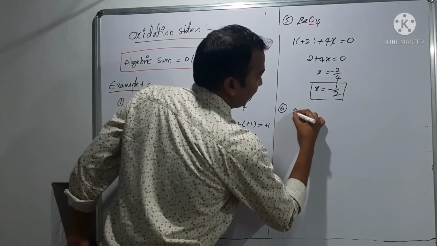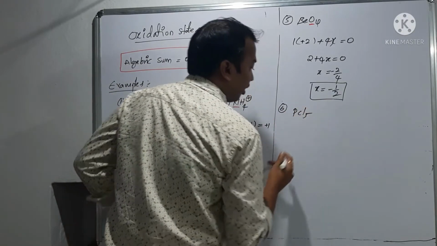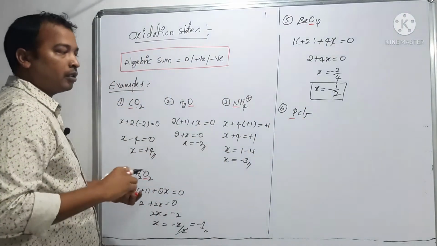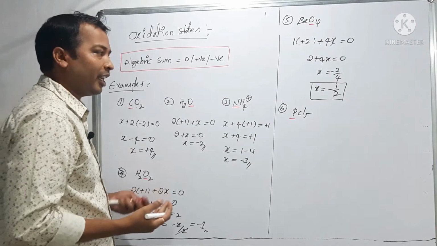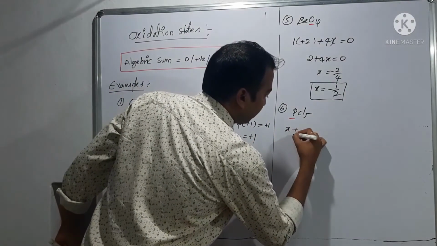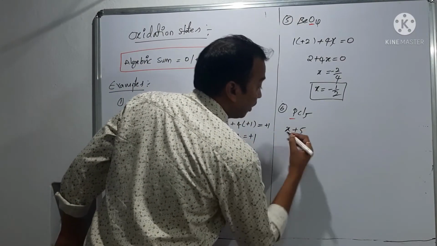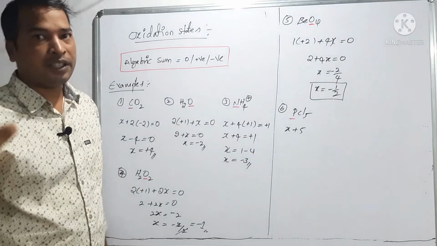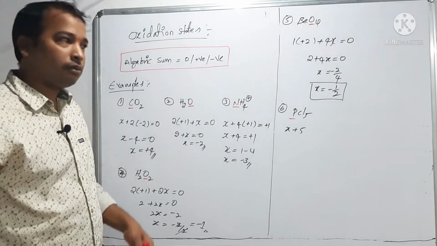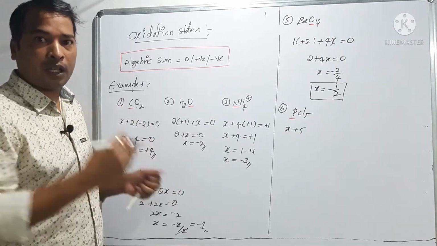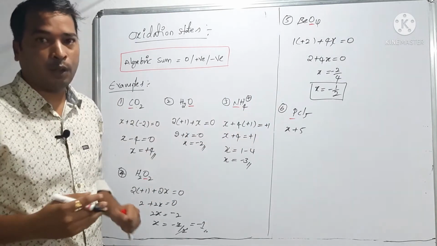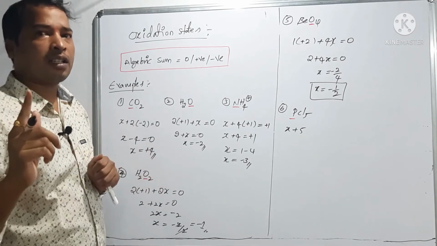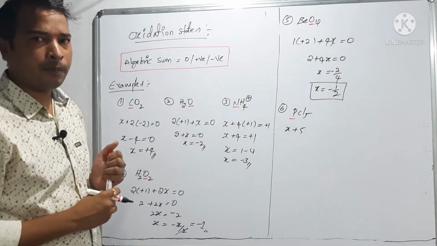So for example, I am taking PCl5 and I am asking to find the oxidation state of phosphorus in this one. So we have to use the same formula, x plus 5 Cl. Chlorine is a 7th group element, 7A group element. Before the noble gases we will get chlorine. Because of that, it only requires 1 electron to gain noble gas configuration.